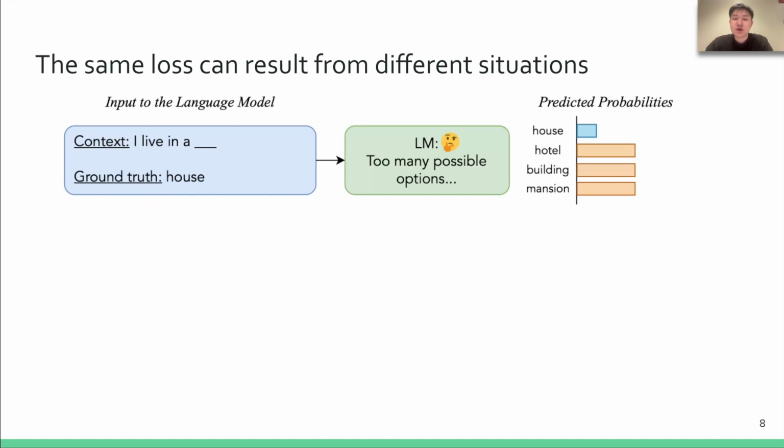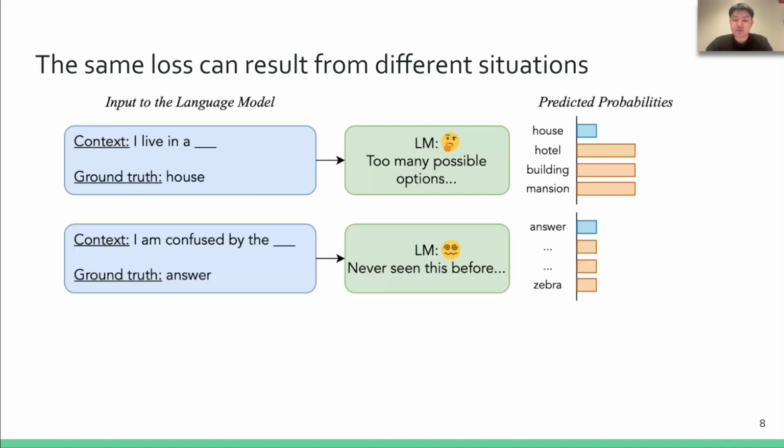For example, it could be the case that the model encounters a high entropy context and distributes the probability mass to synonyms, leading to a low predicted probability of the ground truth token. It could also be the case that the model is at the beginning of training, has never seen similar context during training, and thus uniformly assigns probabilities to all possible tokens.